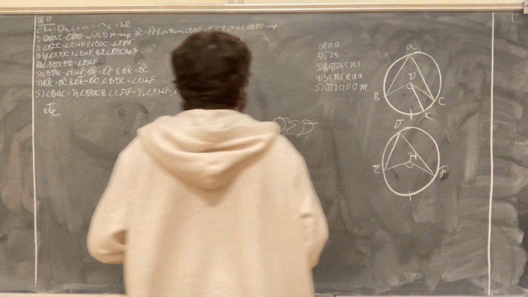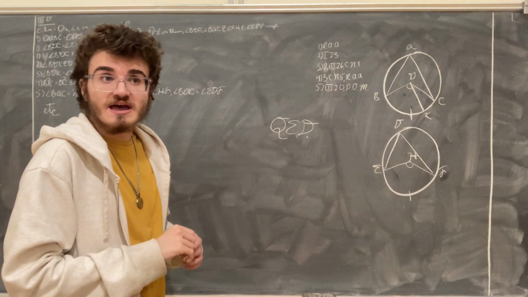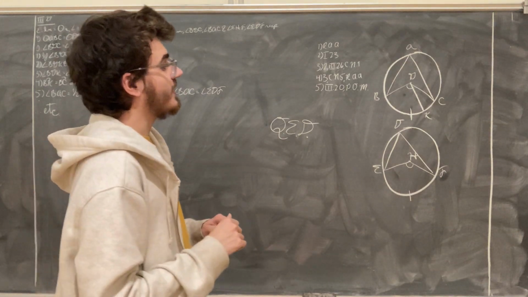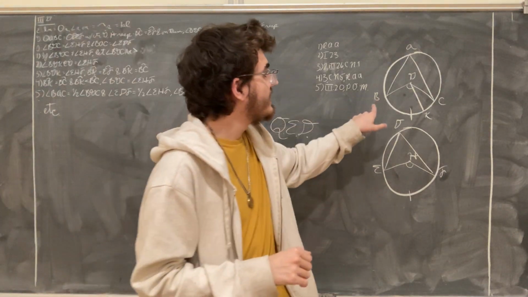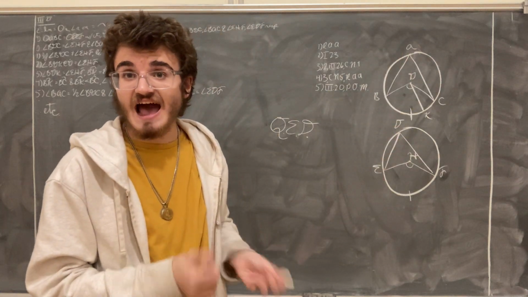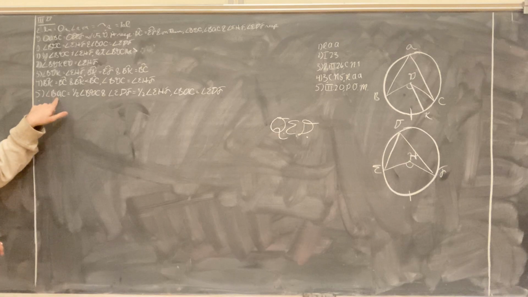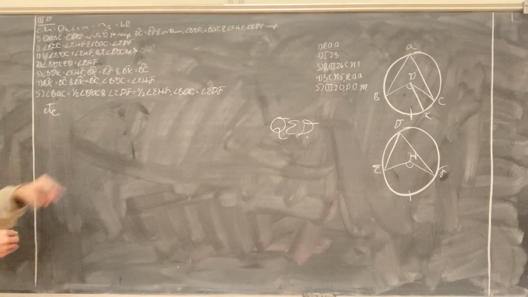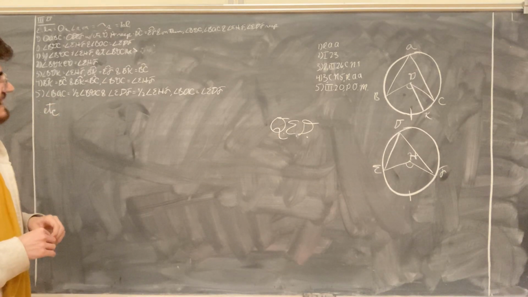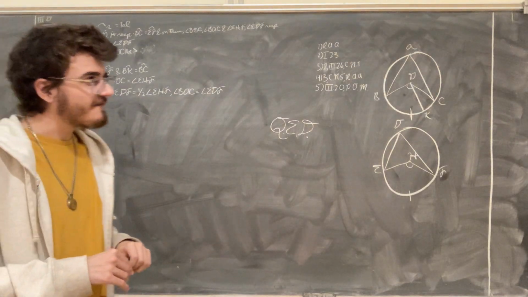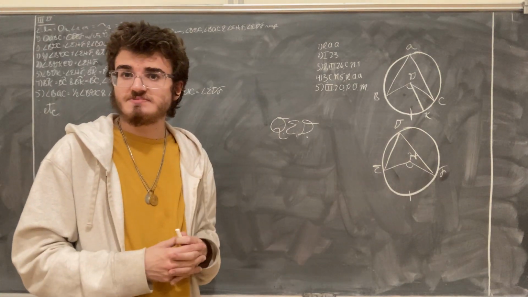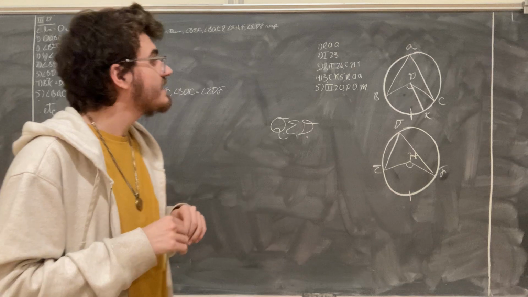Now we know by proposition 3.20 that on the same arc, the angle at the circumference is half the angle at the center. So we can say that the angle BAC is half the angle BGC, and the angle EDF is half the angle EHF. And the halves of equal things being equal, that's a property of magnitudes.